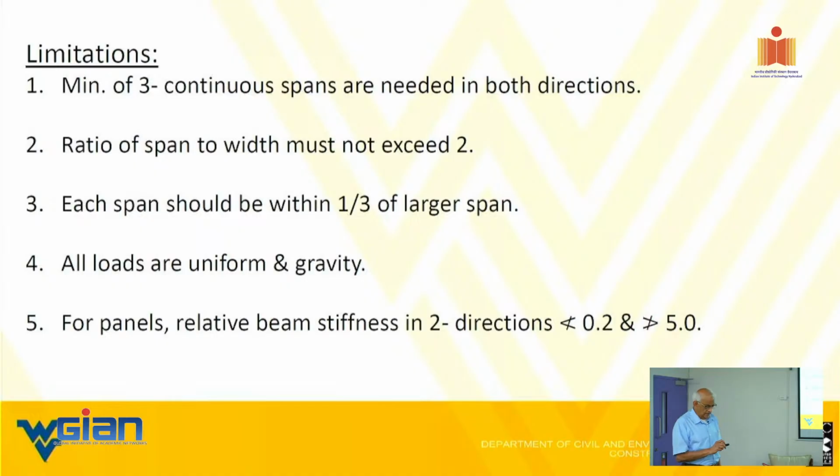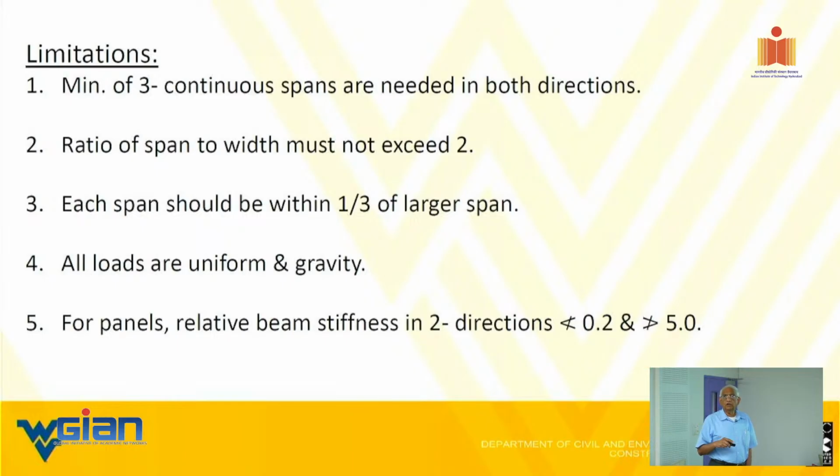That is exactly why we have created this one. This means what? If it is not satisfied, I'm creating a weaker section, you see? So that EI over L business needs to be satisfied. The relative stiffness, that is the range. So you must first check this before you do the other.